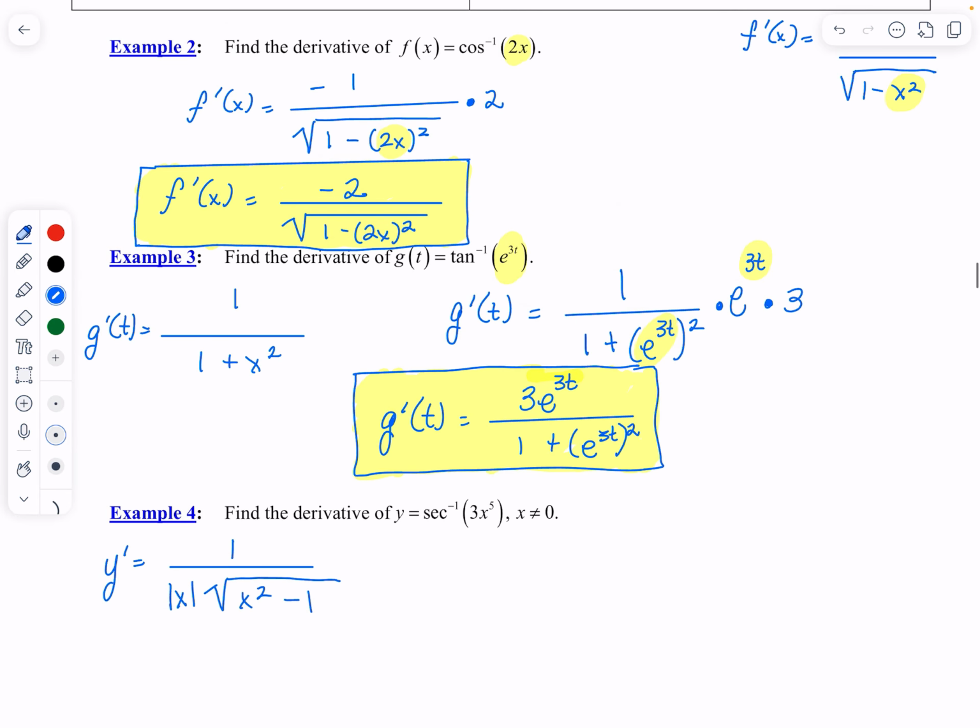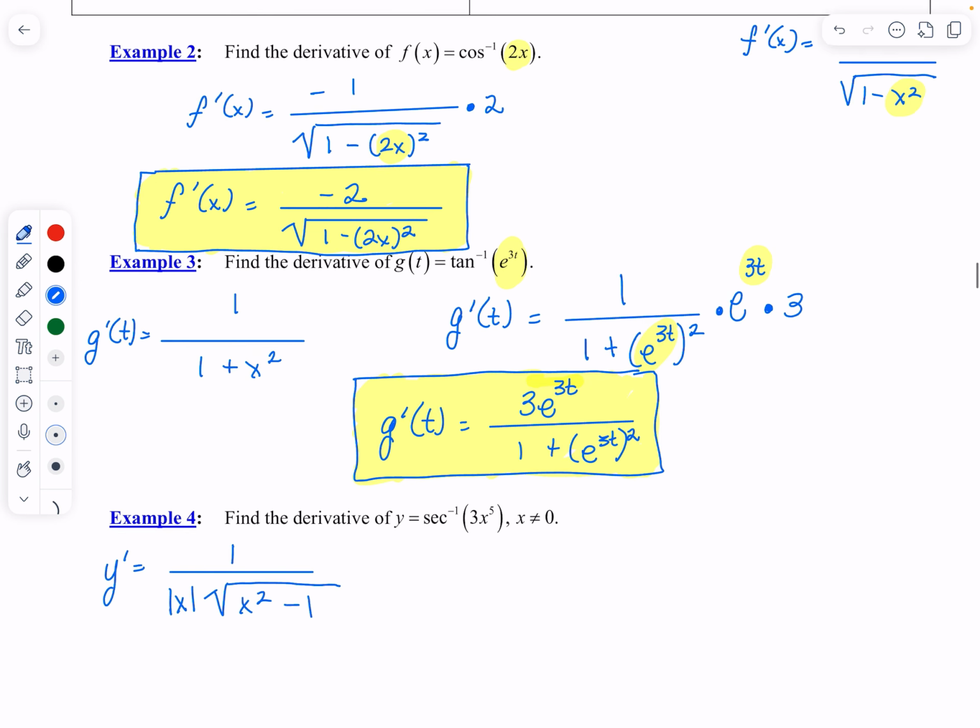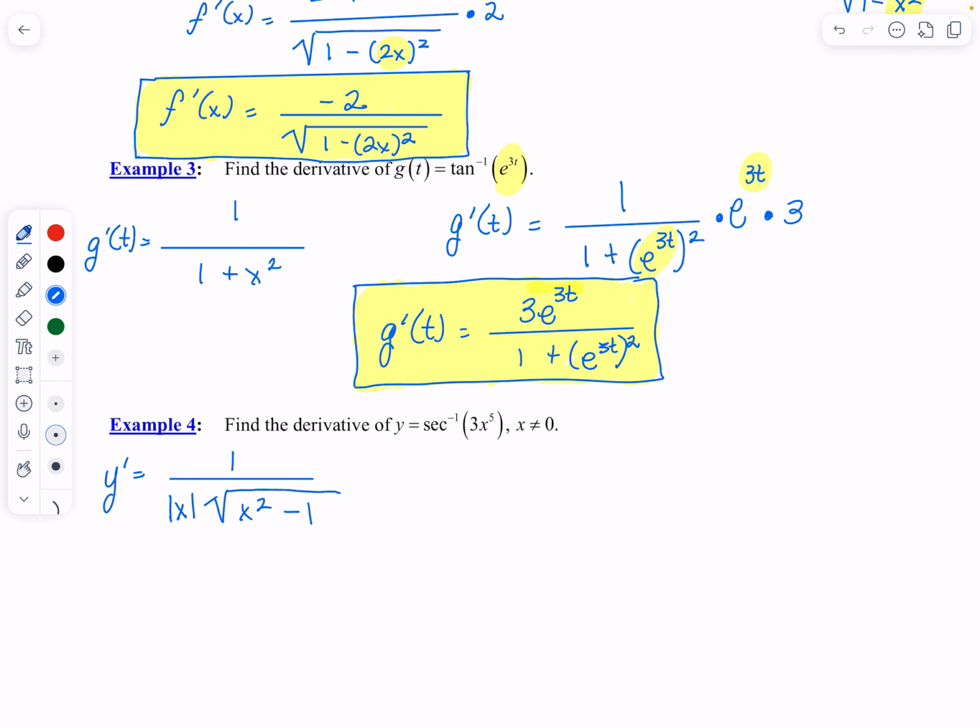And you can double check me, but there it is. Okay, so again, wherever I see x, I'm going to place in 3x to the 5th because we have to use a chain rule on that. So the derivative of this function is going to equal 1 over, now instead of writing x, I'm going to write 3x to the 5th. So the absolute value of 3x to the 5th there.